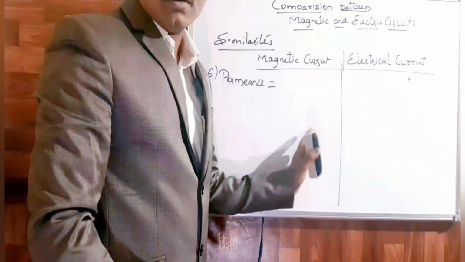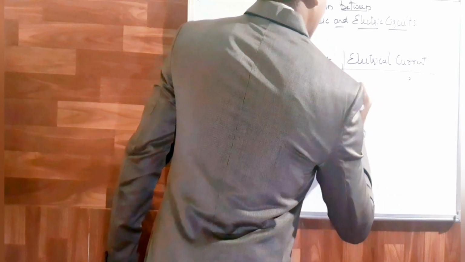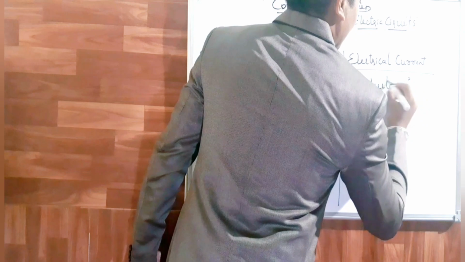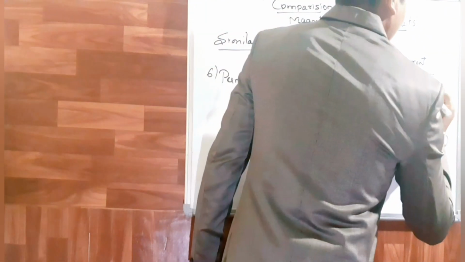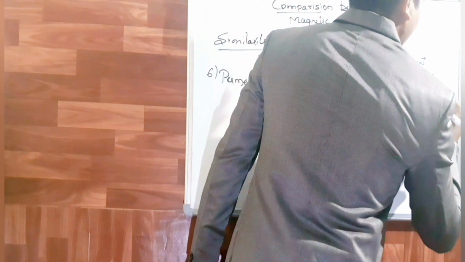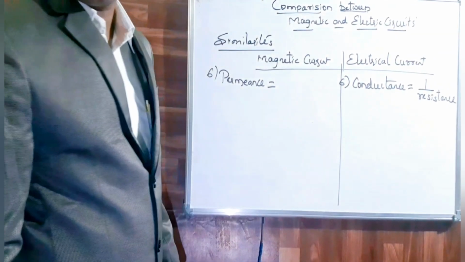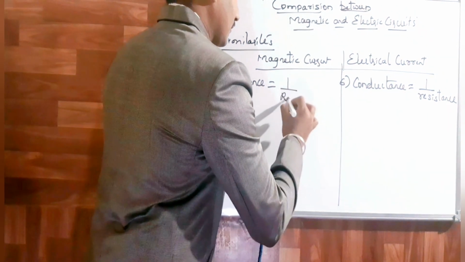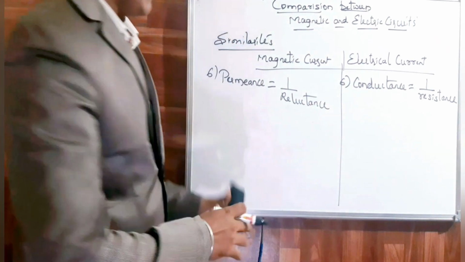Permeance is very much analogous to conductance in the electrical circuit. Conductance is the inverse of resistance, and here permeance is the inverse of reluctance.